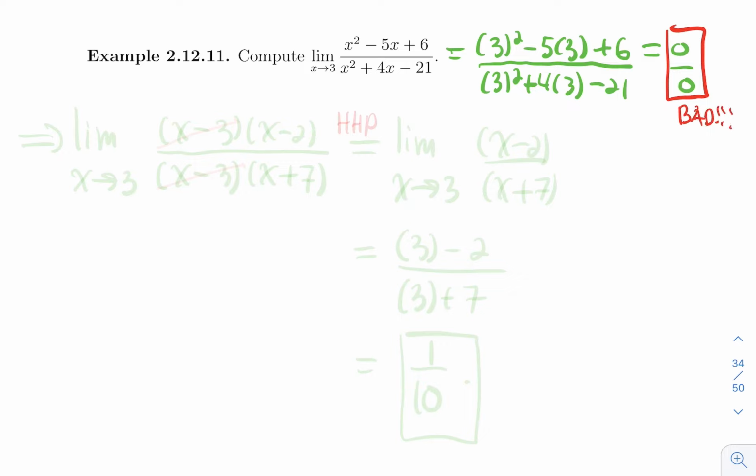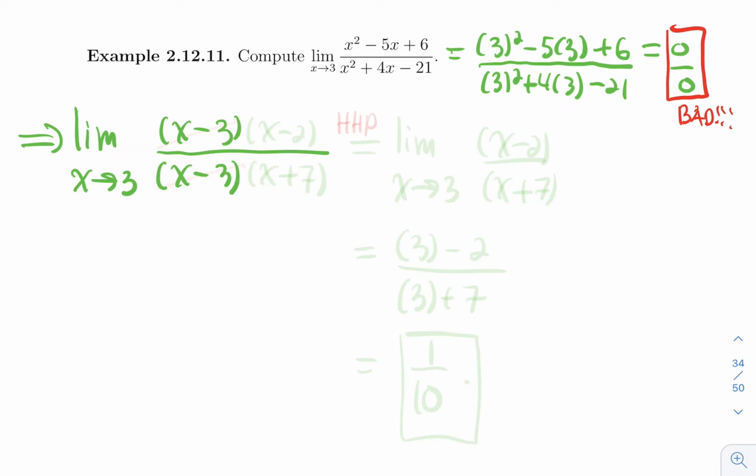So we need to simplify. Again here, simplification means we have a rational function, so it's factorization. Let's factor. Because we know 3 is a root of the numerator and denominator, this is an easier factorization question, because we know the first factor for the numerator and the denominator is going to be x minus 3.